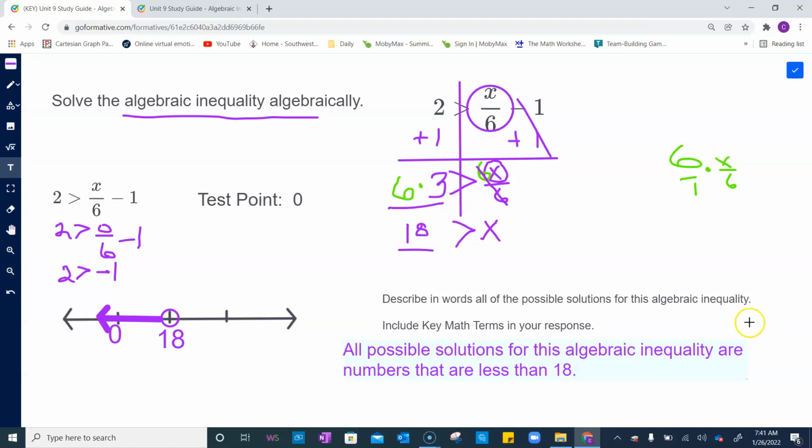You could say, and so everybody should have the word solution, algebraic inequality, those are key math terms. And then this is the piece that can vary. You could say are less than, are below, are smaller than 18. So this inequality has multiple descriptions for it. But in general, you need to include these pieces in your descriptor. And that's it.